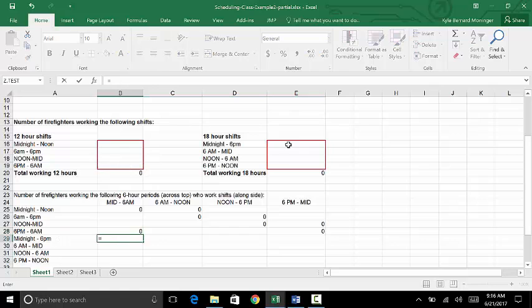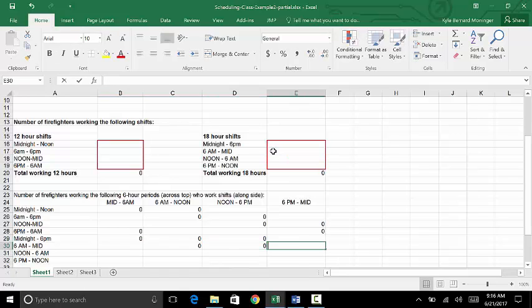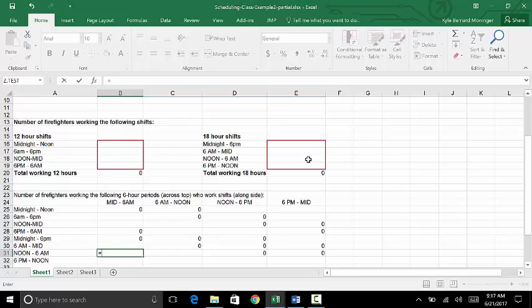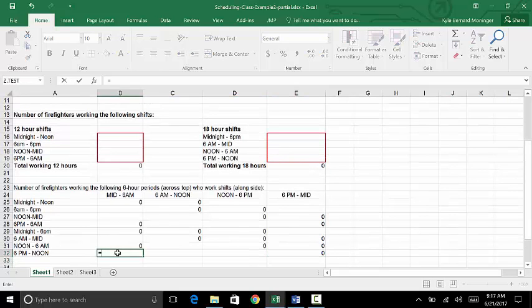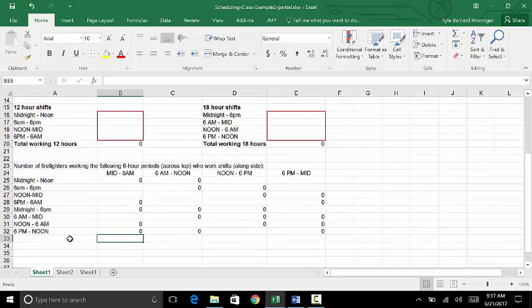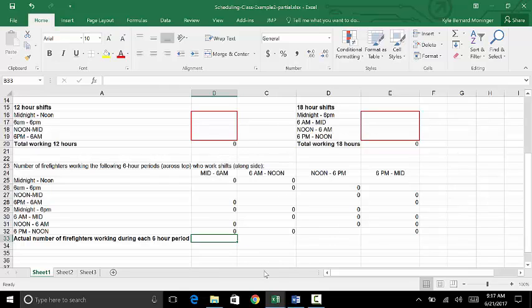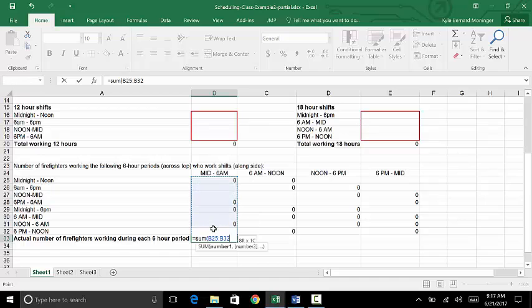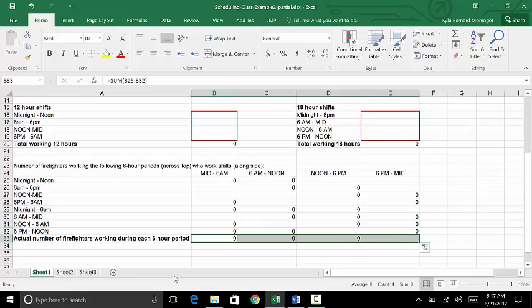Now for the 18-hour shifts. They cover 3 time periods, 3 6-hour time periods, and wrap around to 6 a.m. I want to sum up and find the actual number of firefighters working during each 6-hour period, so sum those columns across each 6-hour time period.